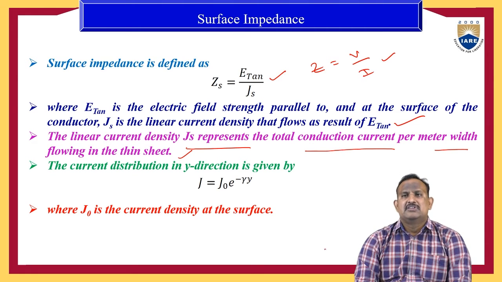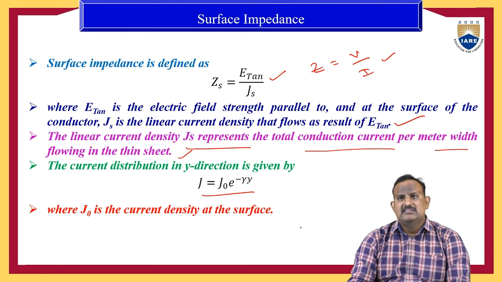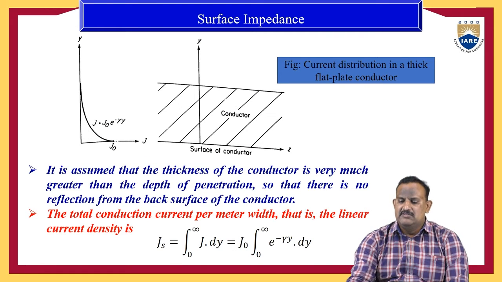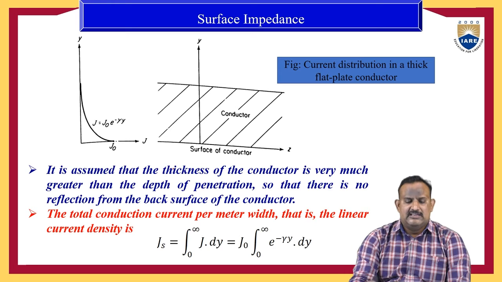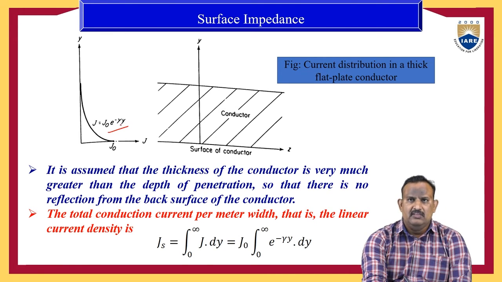Here the current distribution in the y direction is given by J equal to J naught e power minus gamma y, where J naught is the current density at the surface. Because it is exponentially decreasing, we can express the current density J equal to J naught e power minus gamma y.